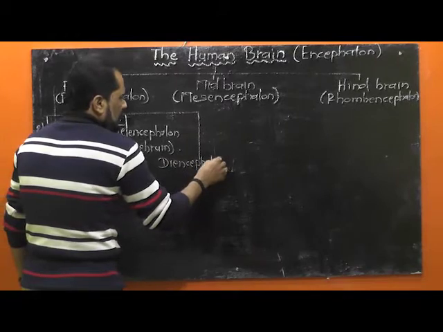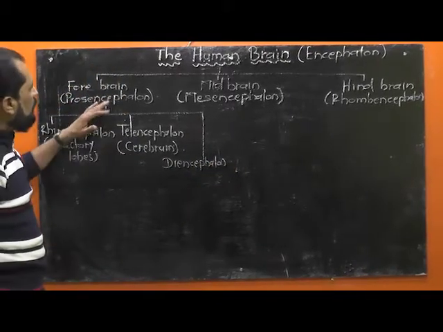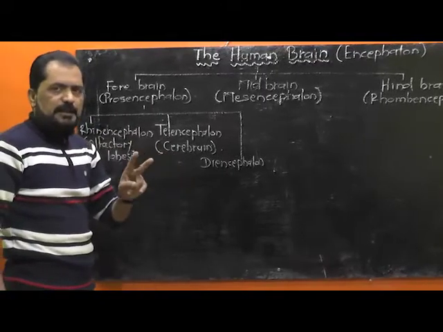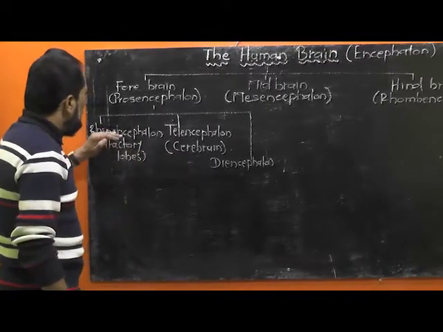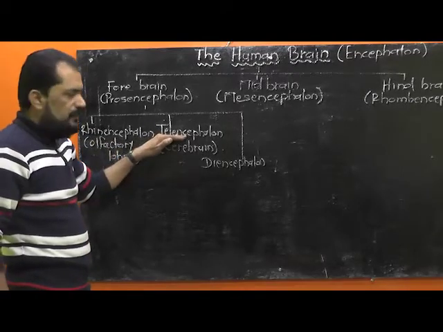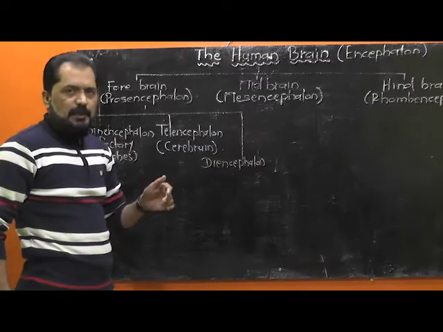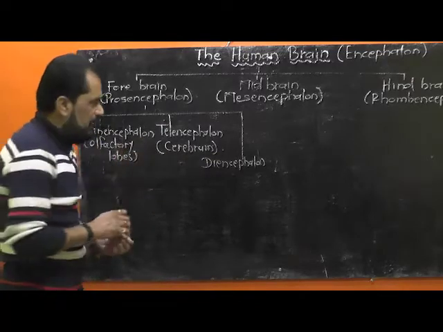It may be known as thalamencephalon. It means the forebrain is further divided into three major parts: rhinencephalon or olfactory lobes, telencephalon or cerebrum, and diencephalon.